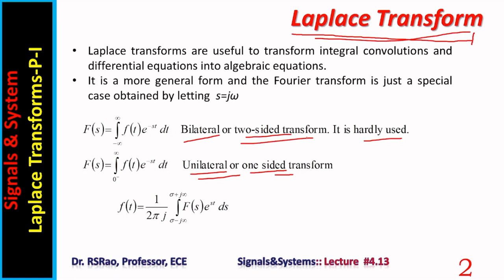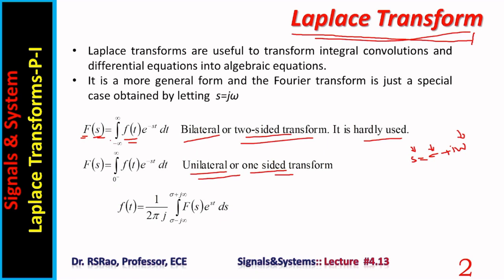Bilateral transform of a time domain signal f of t is indicated by capital F of s. Here s is the transform variable. It is complex frequency equal to sigma plus j omega. Omega stands for real frequency. As already mentioned, s stands for complex frequency. Sigma denotes attenuation.